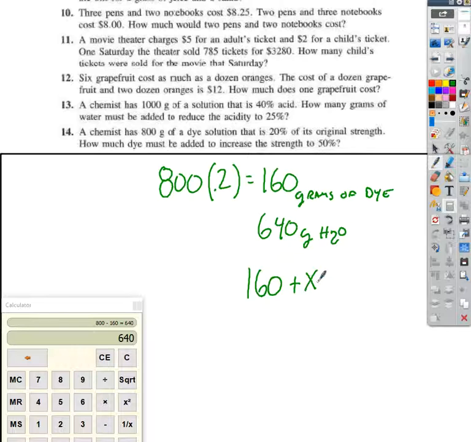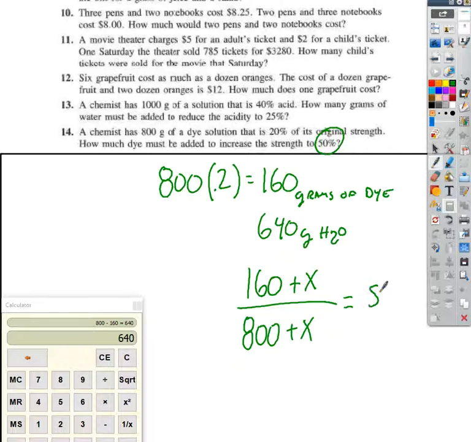But if I add dye to the mix, that means not only will the amount of dye increase, but the amount of the whole solution will increase too. So that means if I add the X to the dye, I also must add the X to the total solution, because I'm adding it to the whole total solution, right? You can't pull the dye out of the mixture once you mix it with water. That's impossible. And we want it to be equal to 50%.